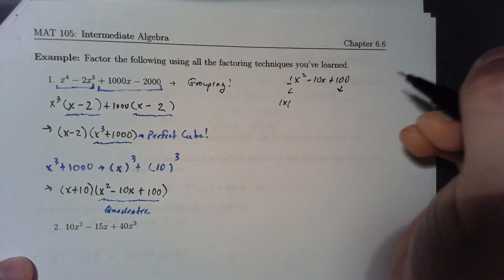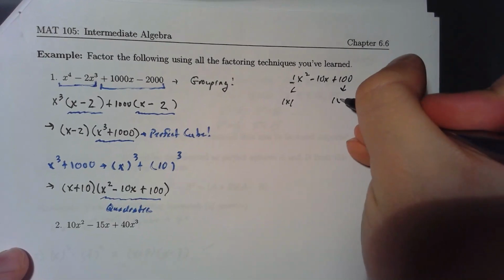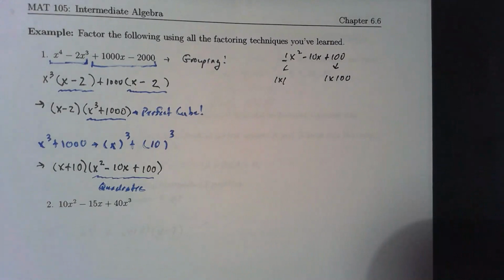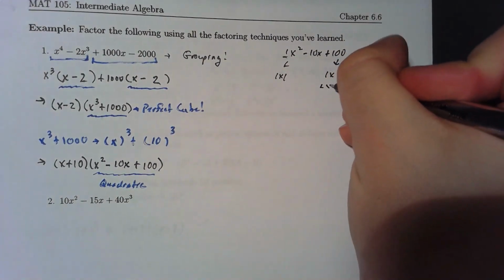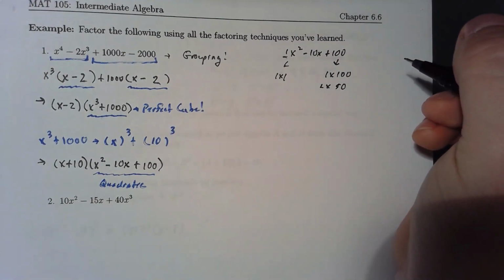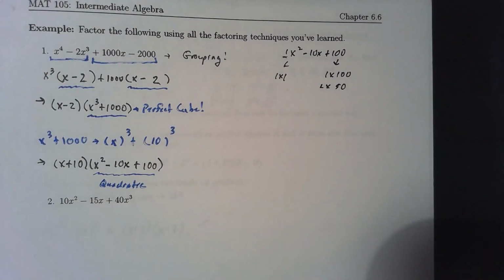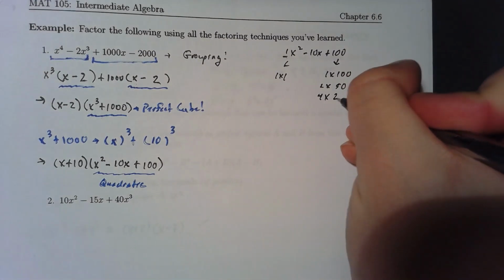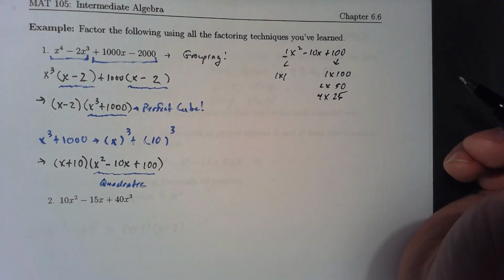What are the factors of 100? 1 times 100? 2 times 50. 4 times 25. Anything else? Yeah, 10 times 10, right?